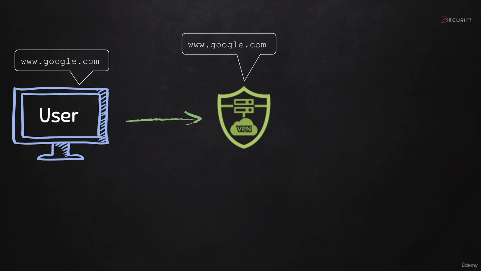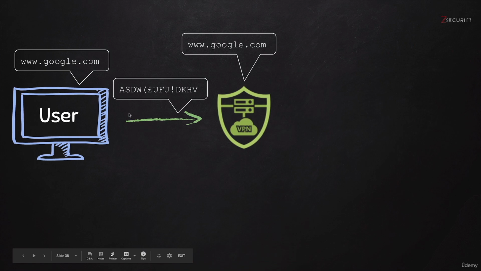Now, the VPN server will be able to read this, but the data is sent in an encrypted tunnel. Therefore, if anybody intercepts this data, they will not be able to see what you are sending to your VPN server. That's why we don't even care if someone manages to intercept our connection, because our data is simply going to be gibberish to them, as you can see in here.